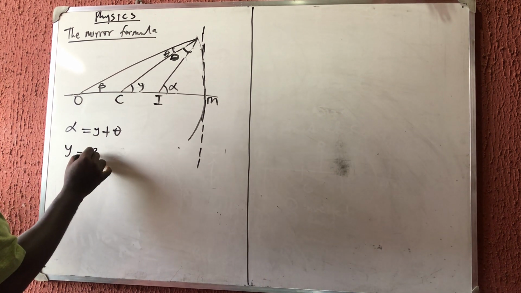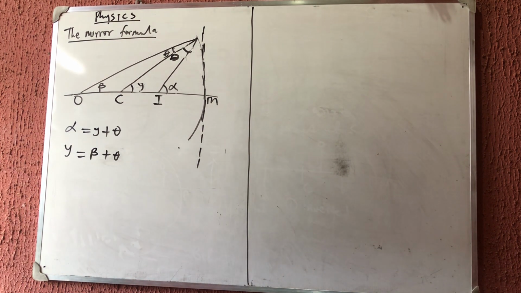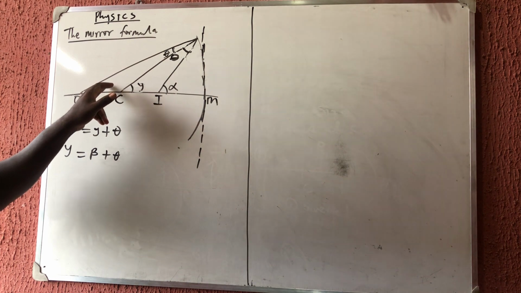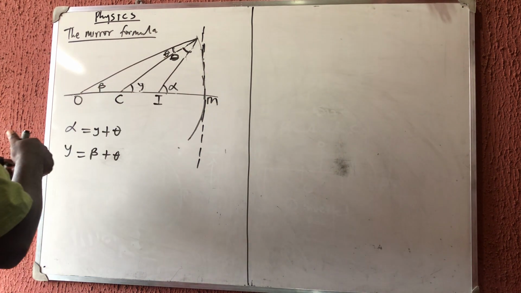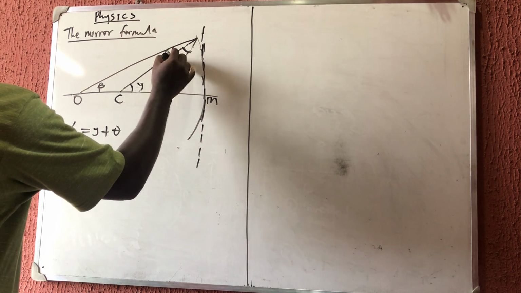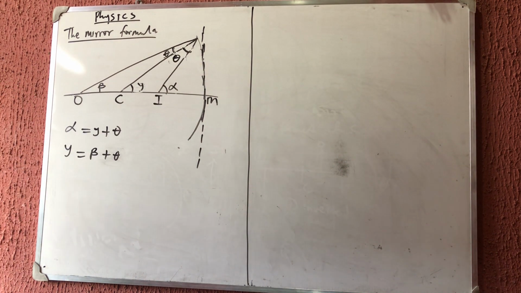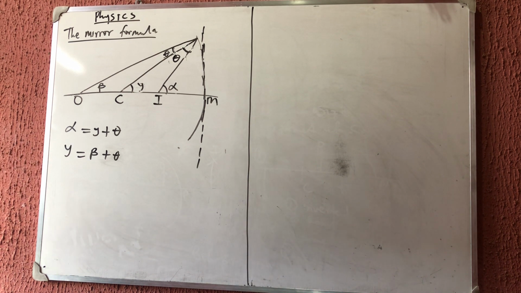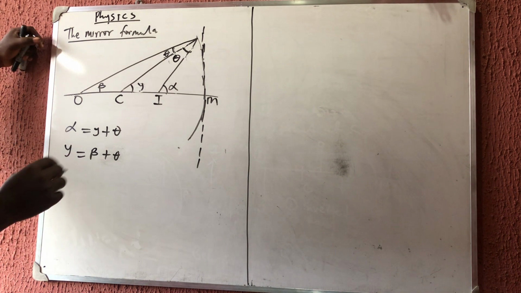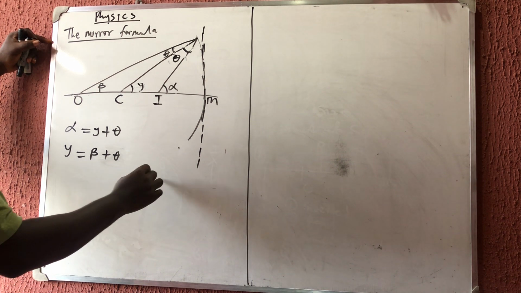Let me write it like that: beta plus theta. There's a little error in the drawing. So this plus this is equal to this, and this plus this is equal to this. So draw your own very well. Now, since we have this, I want to bring out a triangle that I'm seeing.